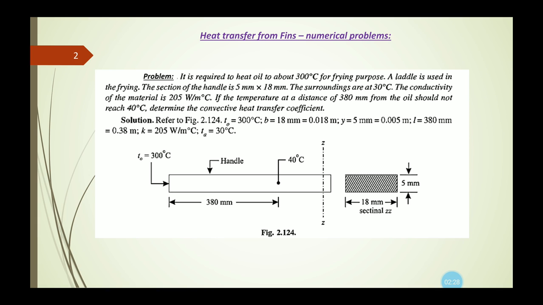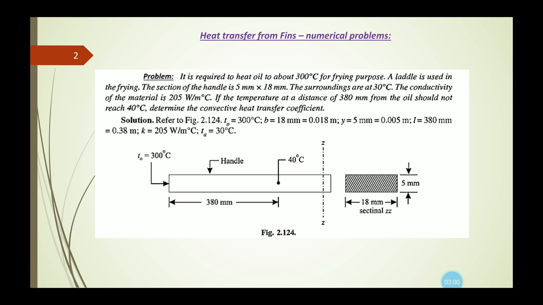This is the question given here, and the diagram we can see is figure number 2.124. In this section the length and the width are given. The temperature T naught is 300 degrees centigrade. The width B is 18 millimeter, and the length Y is 5 millimeter, which we have written as 0.005 meter.